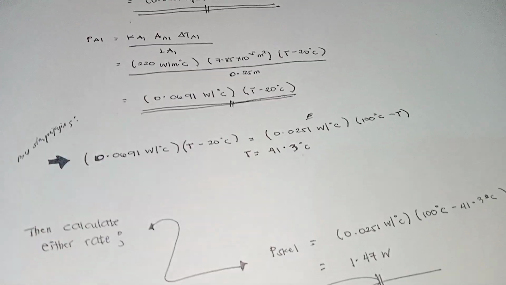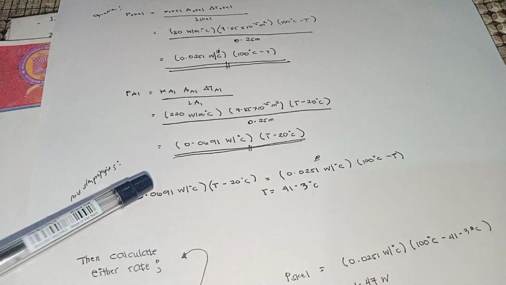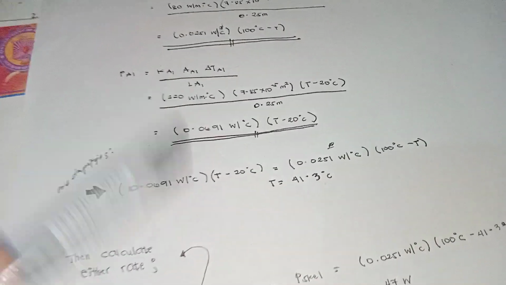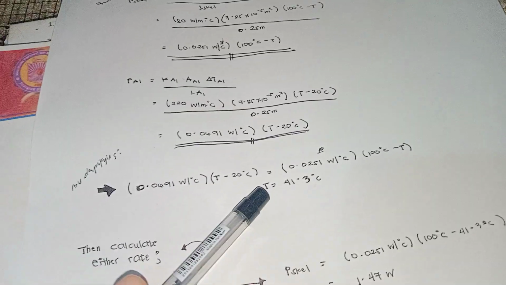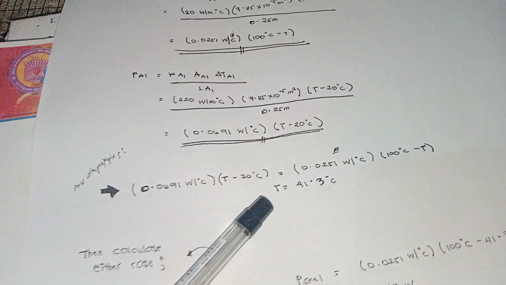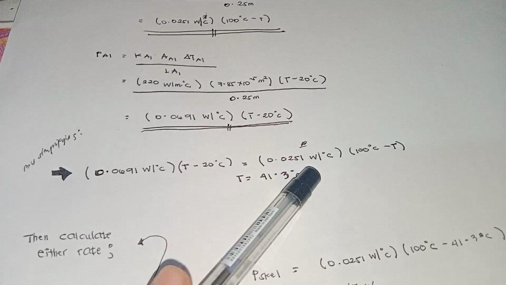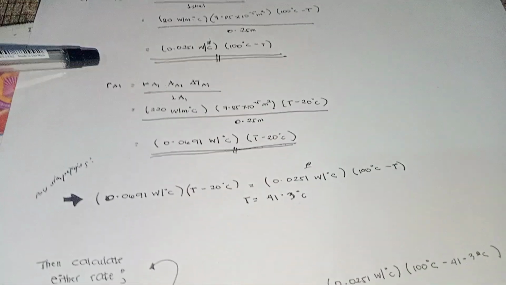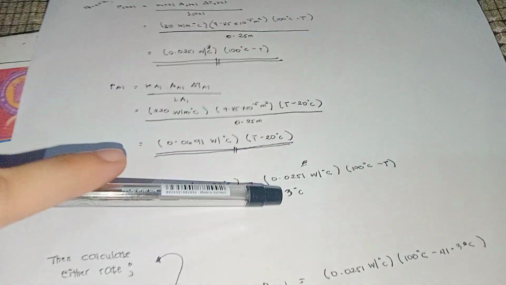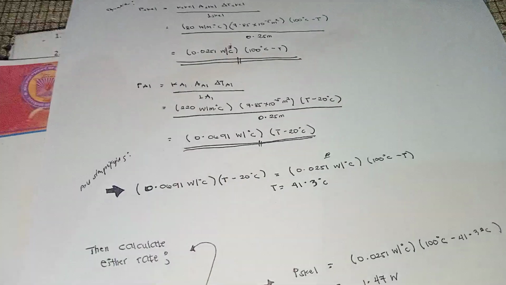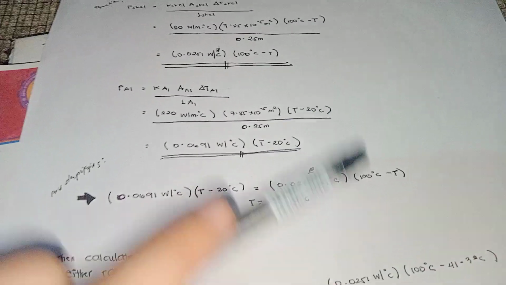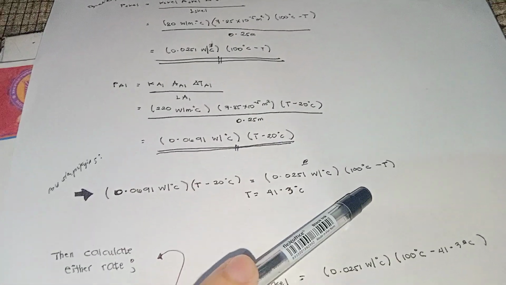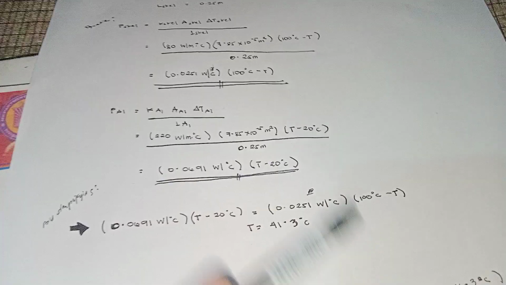Then, by simplifying 0.0691 W per degrees Celsius times T minus 20 degrees Celsius, which equals 0.0251, which is our P steel answer, W per degrees Celsius, times 100 degrees Celsius minus T. We copy it, the same process.